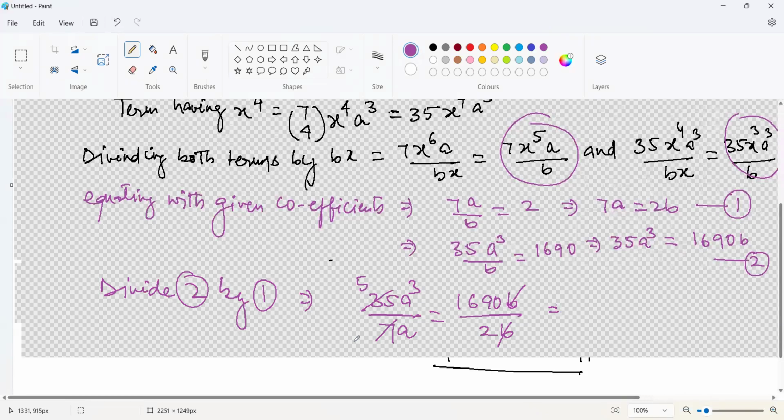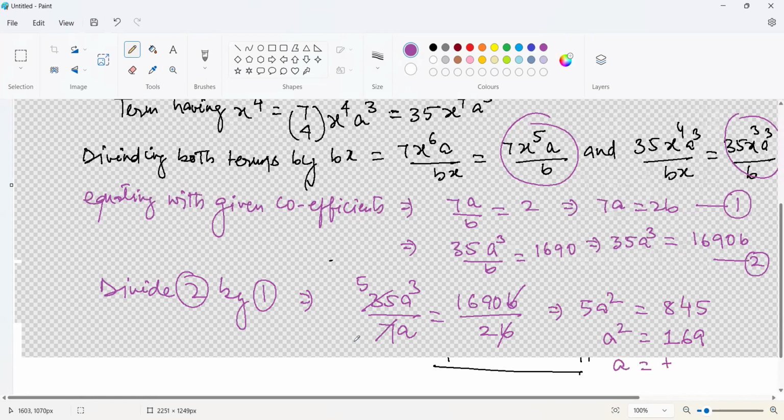So it is 5a square is equal to 2 times 845, and 5. So a square is this divided by 5. 5 times 169. So a square is equal to 169.